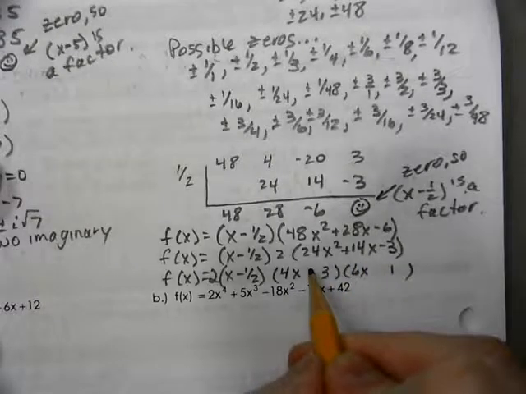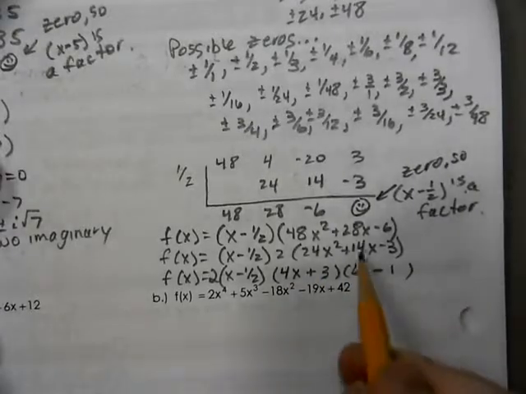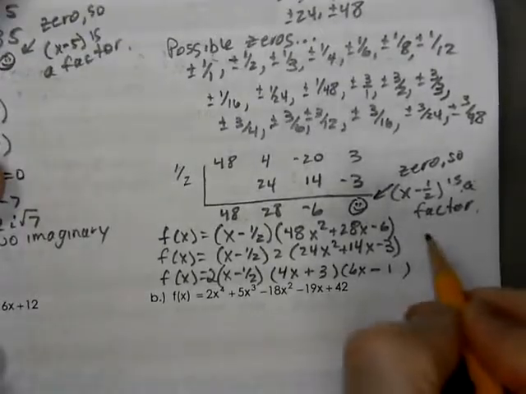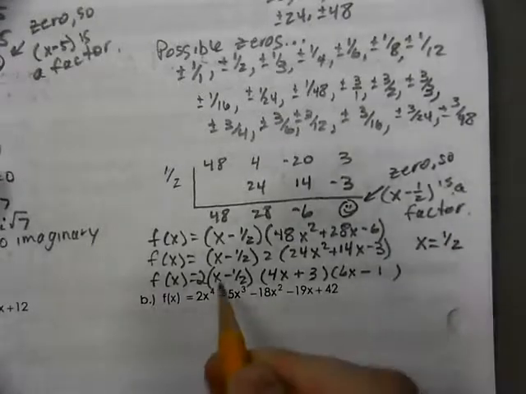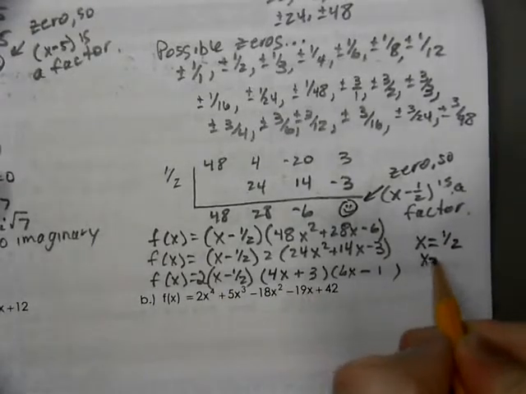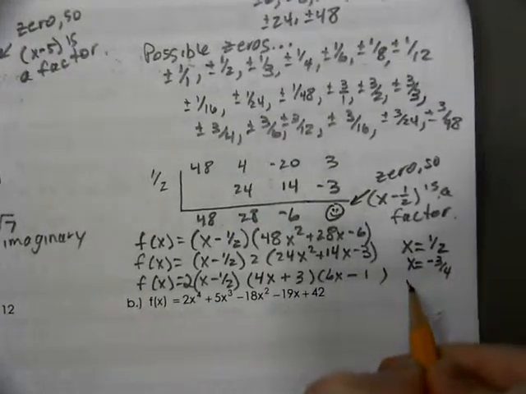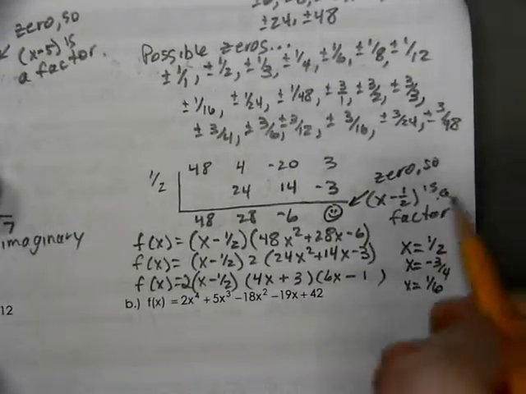So if this was a positive 18 and a negative 4, that would give me positive 14. So my possible zeros for this one come out to be, not possible zeros, these are the zeros, a half, negative 3/4, and positive 1/6. That was a tough one.